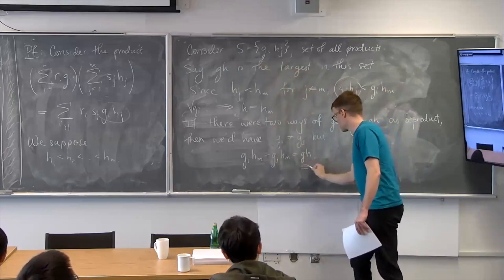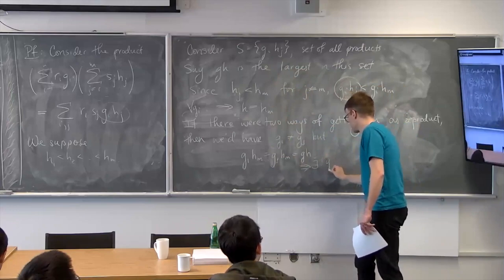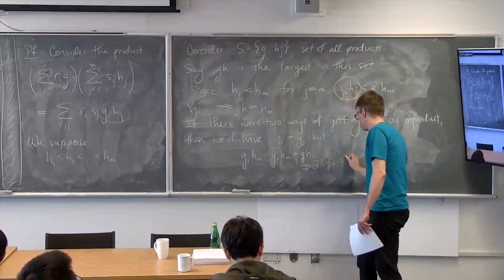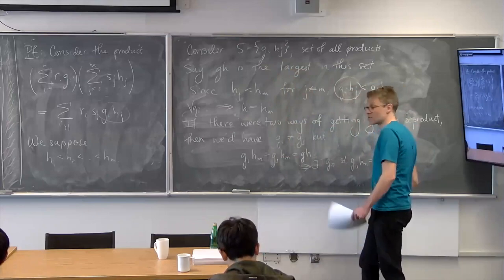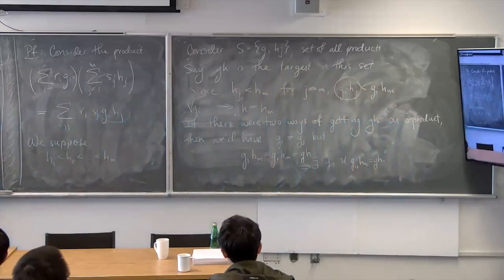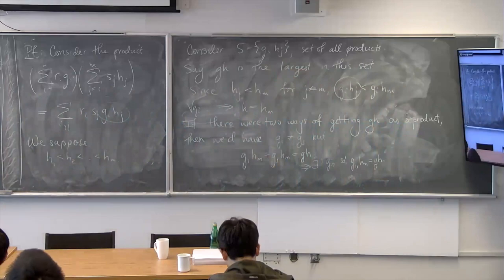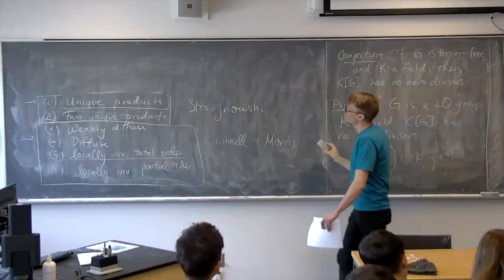That implies there exists some unique Gi0 such that Gi0 Hm equals GH, the maximal guy. But now let's think about what that says in terms of our question here, multiplying these things together and getting some product.